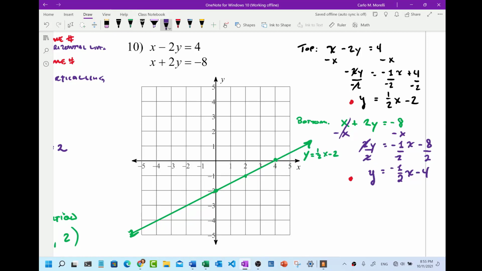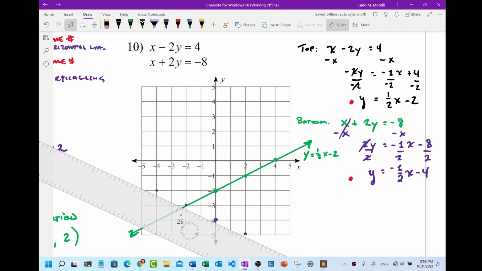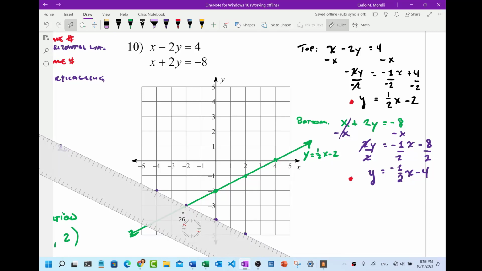Now we'll draw the other one, which starts at negative 4. And it has a down 1 over 2. And so we can go up 1 to the left 2, up 1 to the left 2. So we can get a line. We can kind of do the rise over run in reverse. When the slope is negative, it's not really the rise over the run, it's more the fall over the run, right?